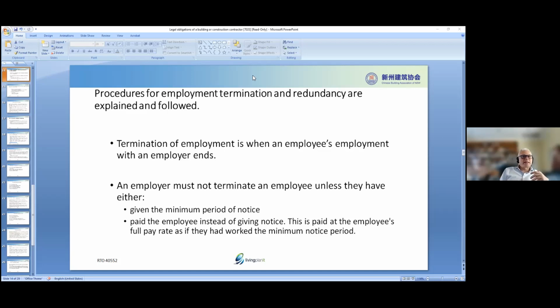So if, let's say, I want to terminate the employment of someone, and that person is not happy because I'm terminating his employment, in the 2 weeks notice that I give him, he could actually do damage to my company. So instead of allowing him to possibly do damage to my company, I would say, here's your 2 weeks pay instead of notice. And that fixes that situation, okay?